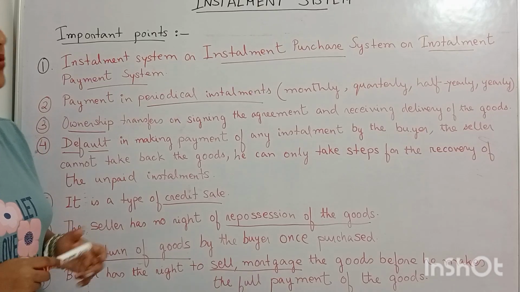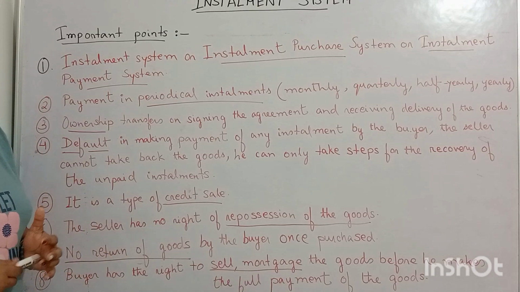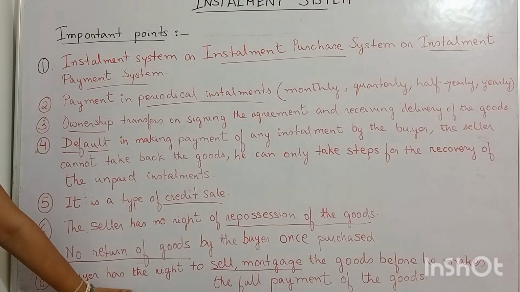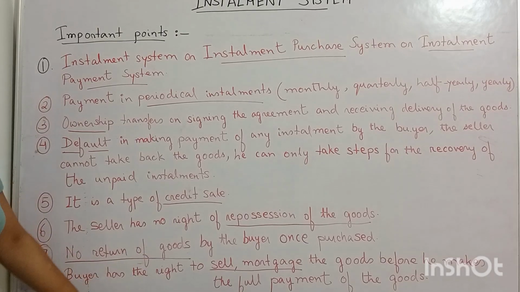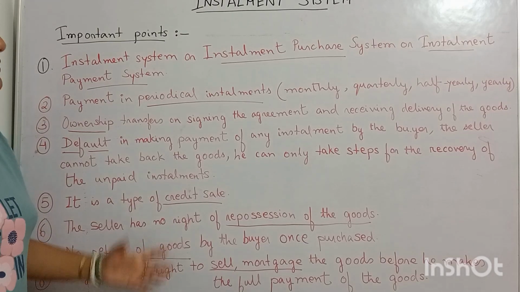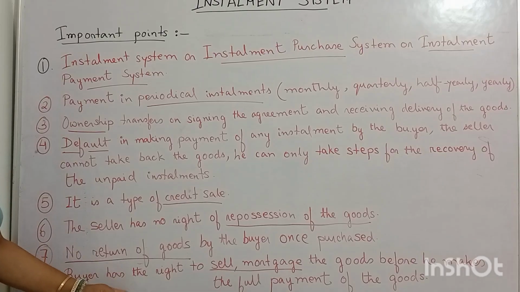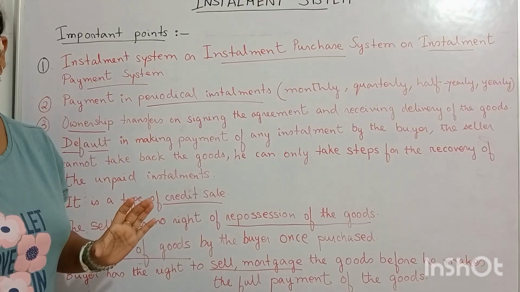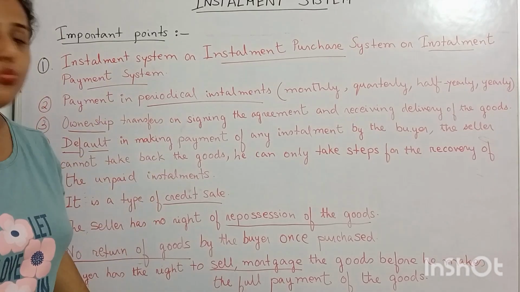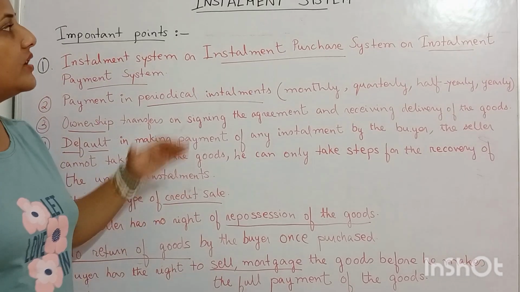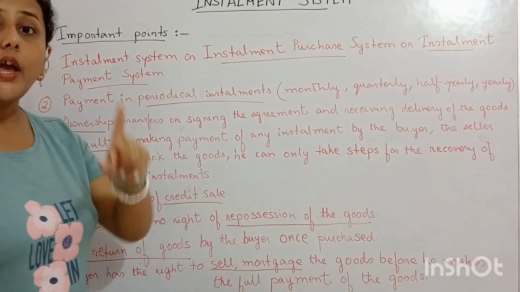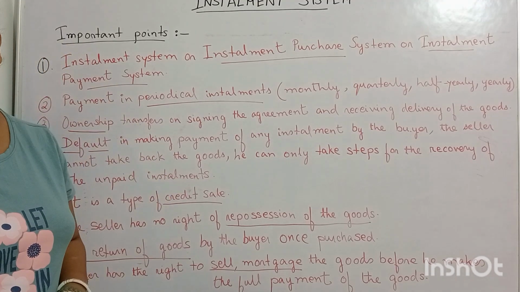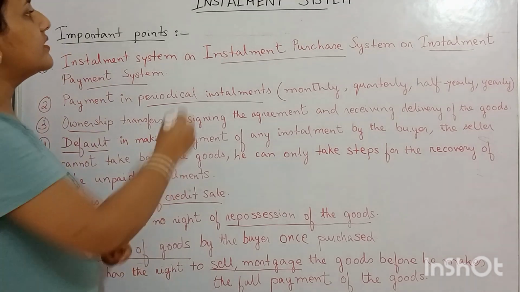So that we will discuss in the next class. For today, just try to remember these 8 points which are very important in order to understand installment system. What is installment system? In these 8 points lies the meaning of installment system as well as its features.